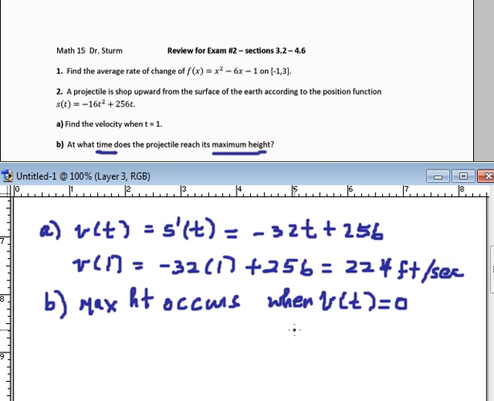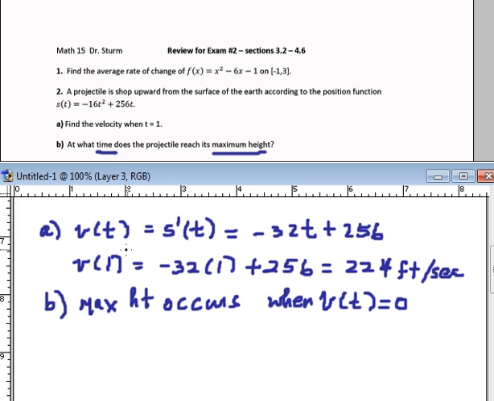All right, so upward direction would be a positive velocity and downwards a negative velocity, so in between it's 0. So we want to see when is v of t equal to 0, and then we'll solve v of t equals 0, and that's how we'll figure out what t is.